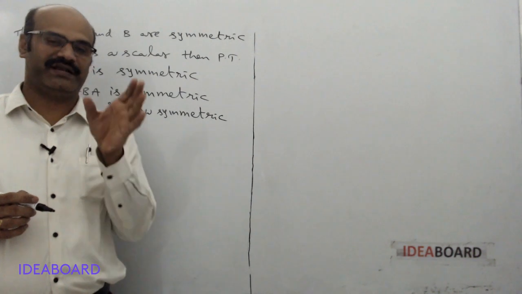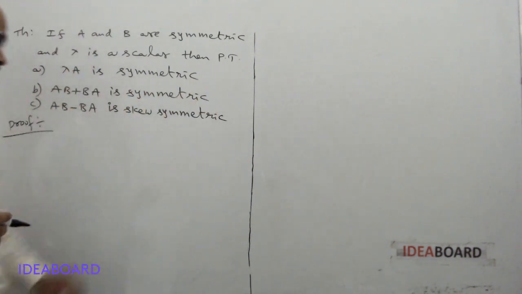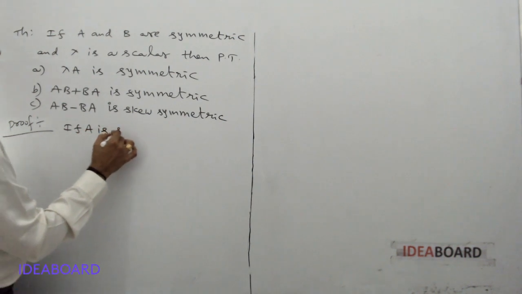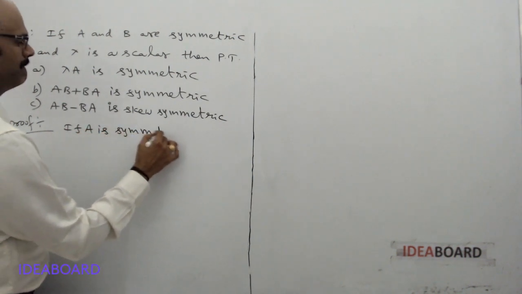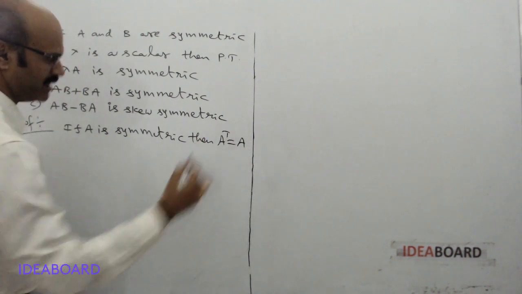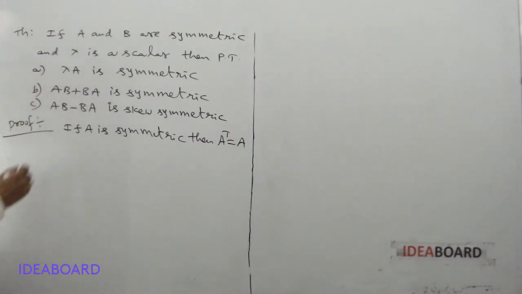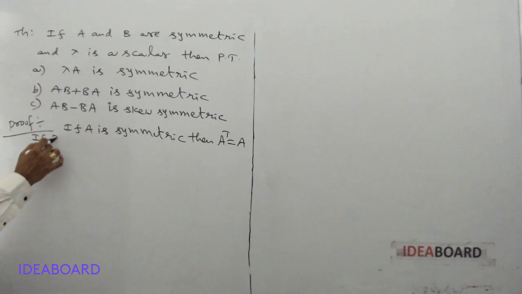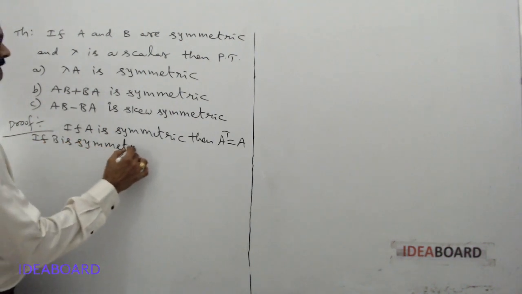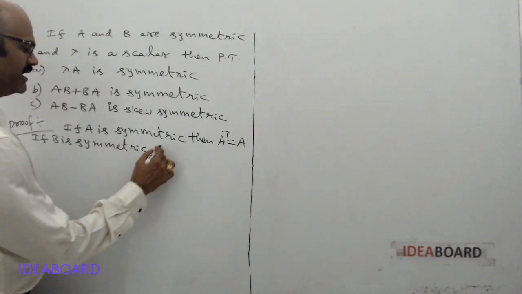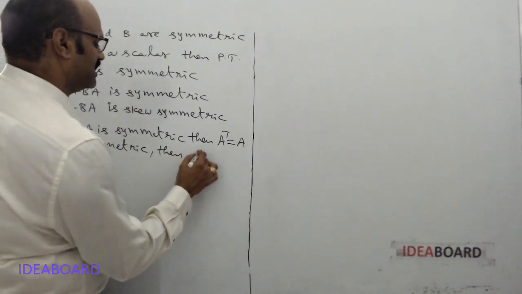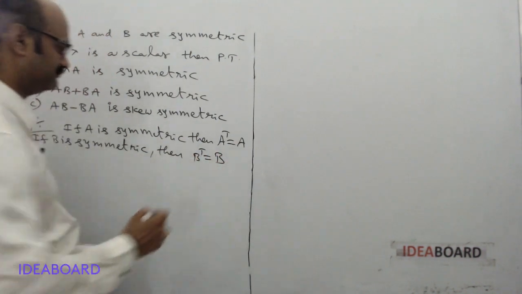Whenever A is symmetric, we take it as A transpose equal to A. If B is symmetric, we take it as B transpose equal to B.